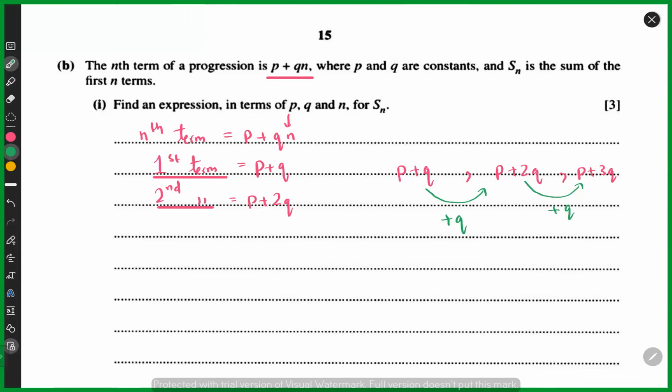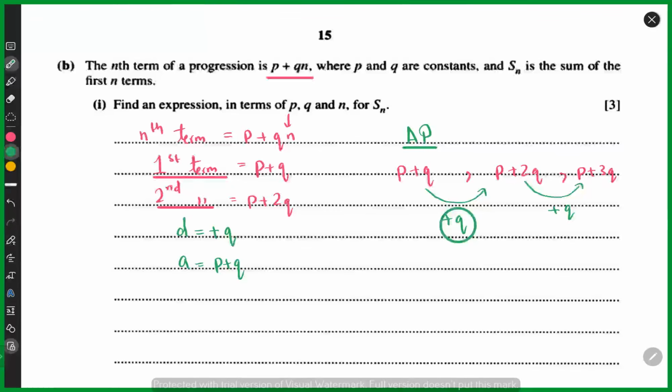So this means that the common difference, or d, is basically positive Q, and a is basically P plus Q. It's also clear that this is an arithmetic progression because we are adding a number time and again to get the next term.